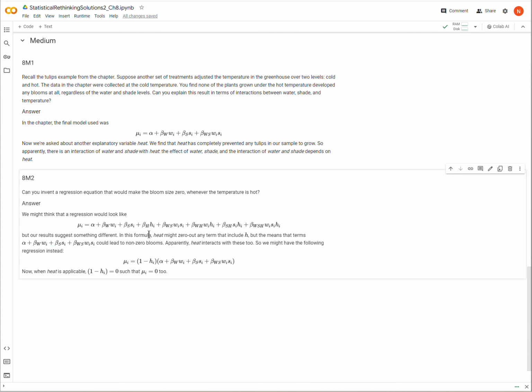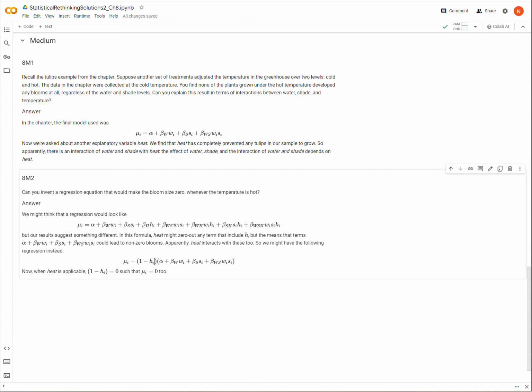Okay? So I think what we want to do instead, so earlier I was saying that apparently heat interacts with all of these things, right, is we would set up an equation like this. So here we have the original equation, and then something like this, right? So imagine what's happening here. So if heat is binary, so it's either 1 or 0, 1 means heat, okay?